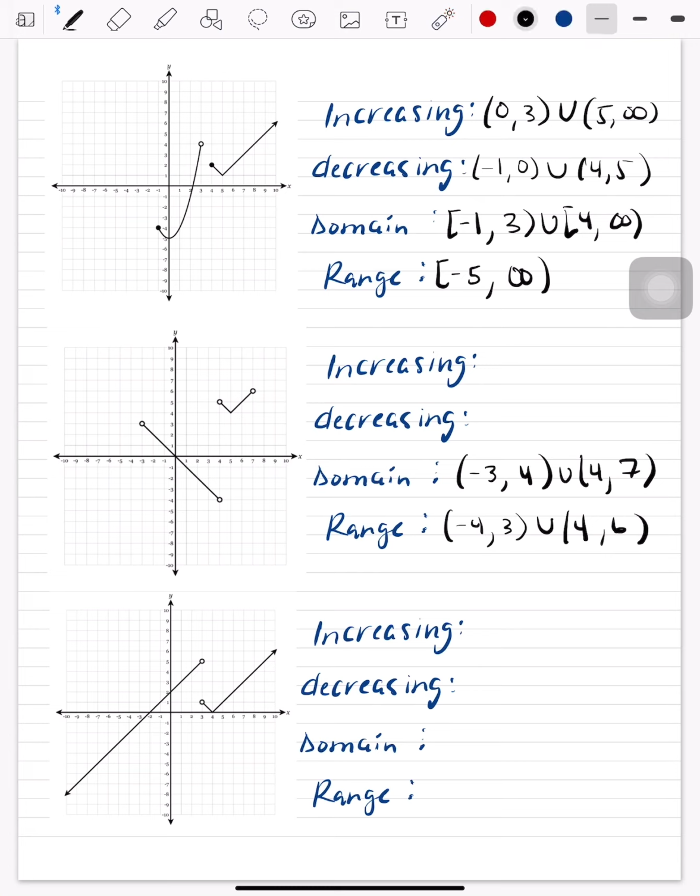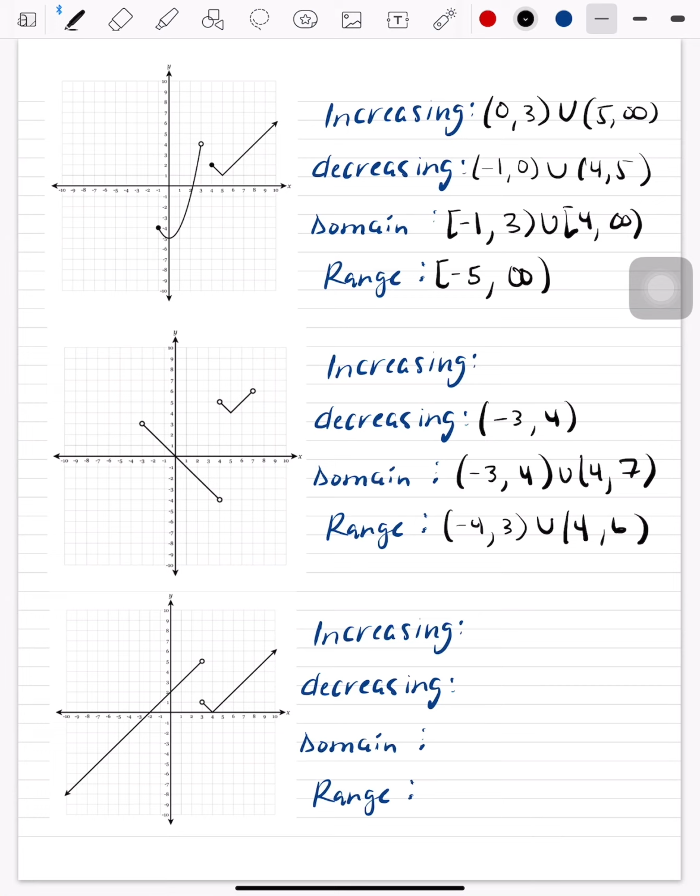Decreasing, this one's a little easier because it's decreasing from this x value right here, -3, and it's decreasing all the way up to 4. So from -3 to 4, right?